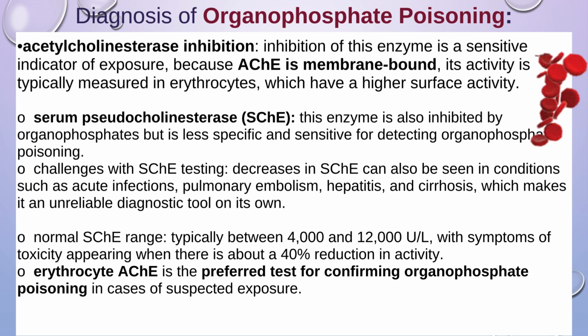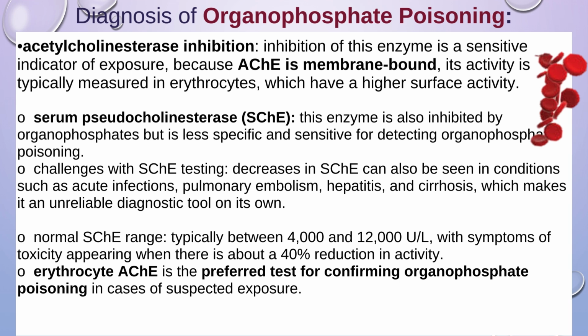The normal serum pseudocholinesterase range is between 4,000 to 12,000 U/L, with symptoms of toxicity appearing when there's about 40% reduction in activity. And erythrocyte AChE, or acetylcholinesterase inhibition, is the preferred test for confirming organophosphate poisoning, especially in cases of suspected exposure.